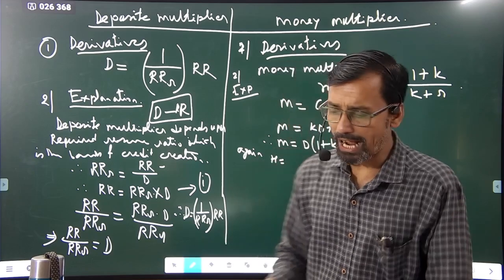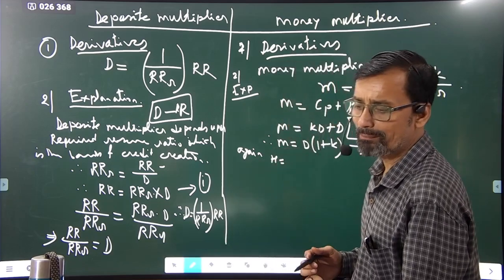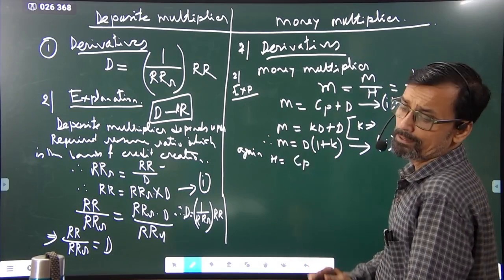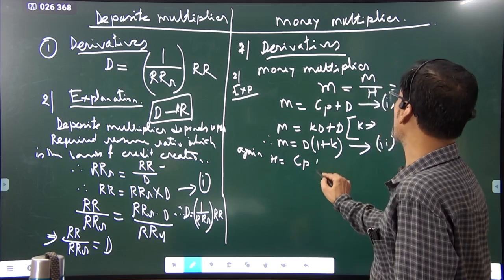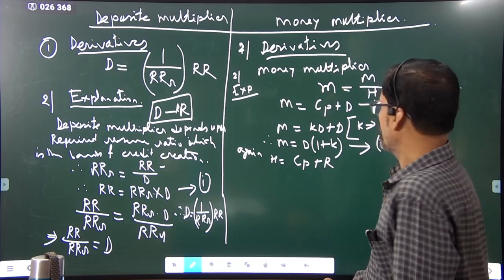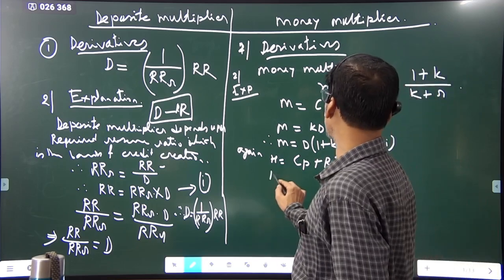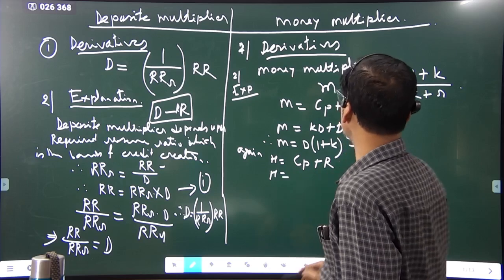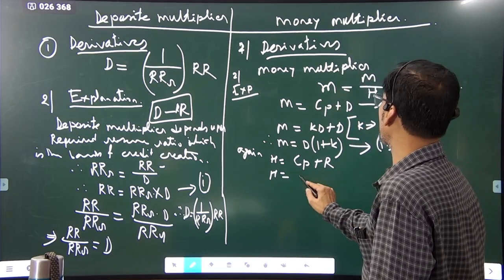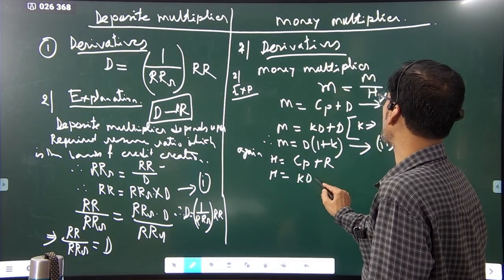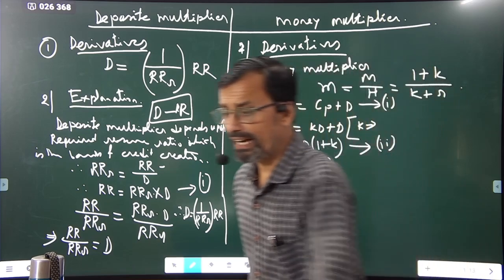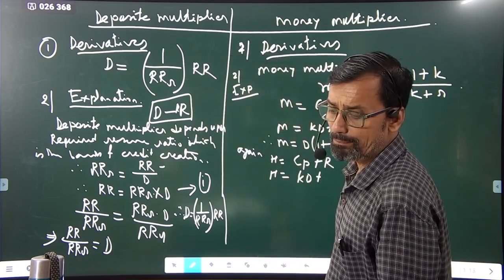When we talk about high power money, it is currency held with public plus reserve. Now, in place of currency held with public, we can write KD plus reserve. That is how we will get the reserve amount.